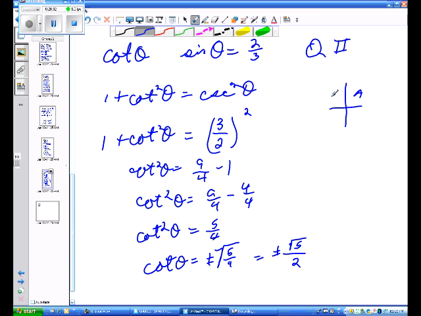If you remember, they're all positive in quadrant 1. In quadrant 2, the sine and its reciprocal are positive. In the third quadrant, the tangent and its reciprocal. In the fourth quadrant, the cosine and its reciprocal. So we're in quadrant 2: the sine's positive, but all the others are negative. So the cotangent would be the negative square root of 5 over 2.